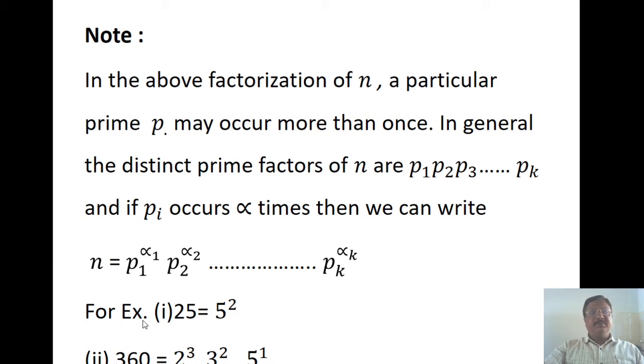For example, 25 is equal to 5 square, means 5 is repeated twice here. 360, if we consider, then if you divide it by the primes, it turns out to be 2 cube into 3 to the power 2 into 5 to the power 1, means 2 is repeated thrice, 3 twice and 5 one time.